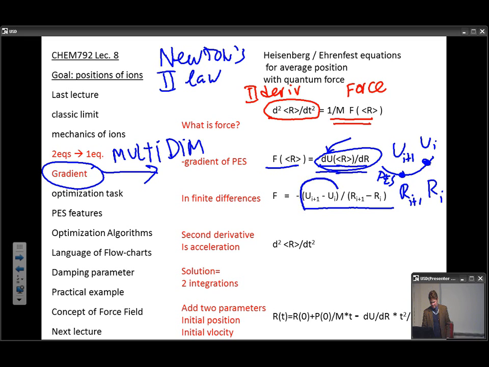And by dividing this difference by this difference, one obtains a force. And this force prompts us in which direction to optimize the geometry, which bond to expand or contract.